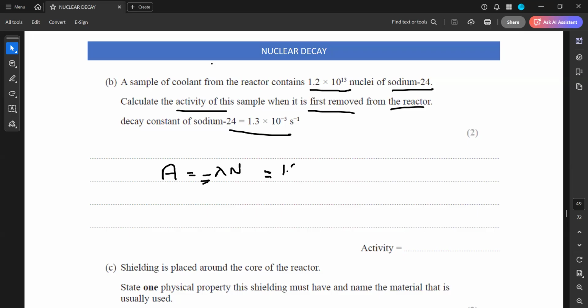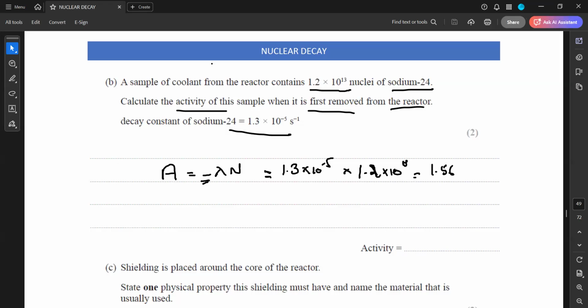So the decay constant, which is 1.3 × 10^-5 s^-1, multiplied by the number of nuclei present, that is 1.2 × 10^13.